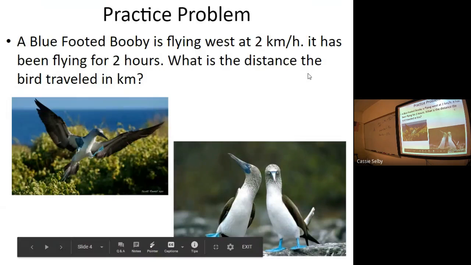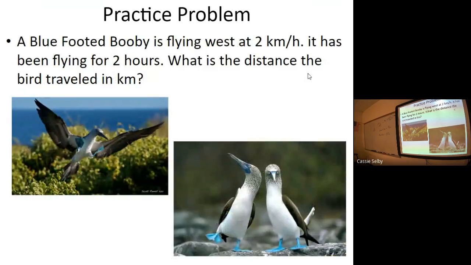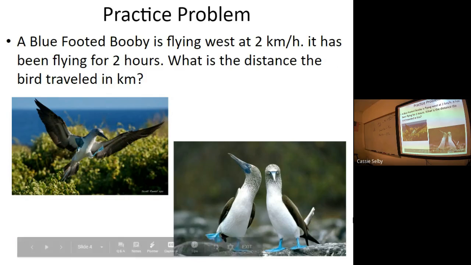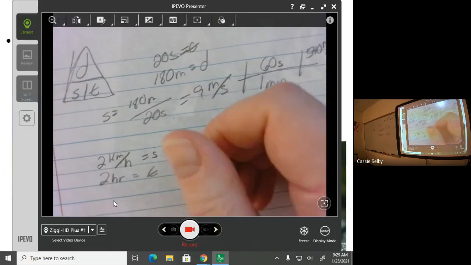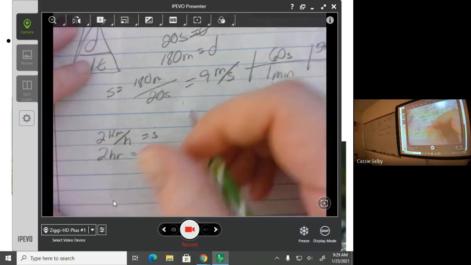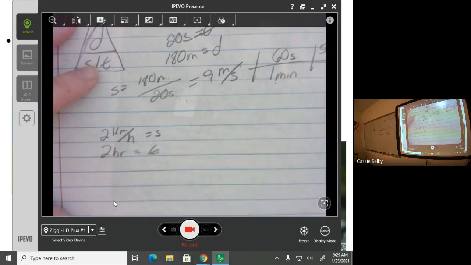So moving on, we have a blue-footed booby flying west at 2 kilometers per hour. And it's been flying for 2 hours, and it wants to know the distance. So we're looking for D. Anyway, now we have to set this up.